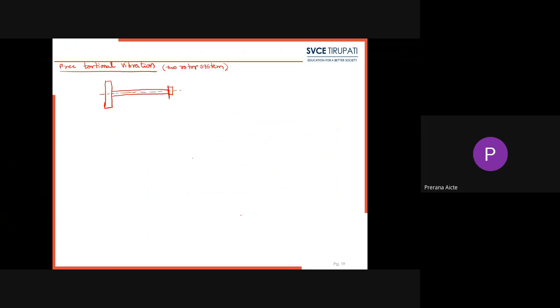Assume this is something big, having moment of inertia A, and this is B. If you assume this is the point where you divide, this is the length LA and this is the length LB, and you can measure in this form.